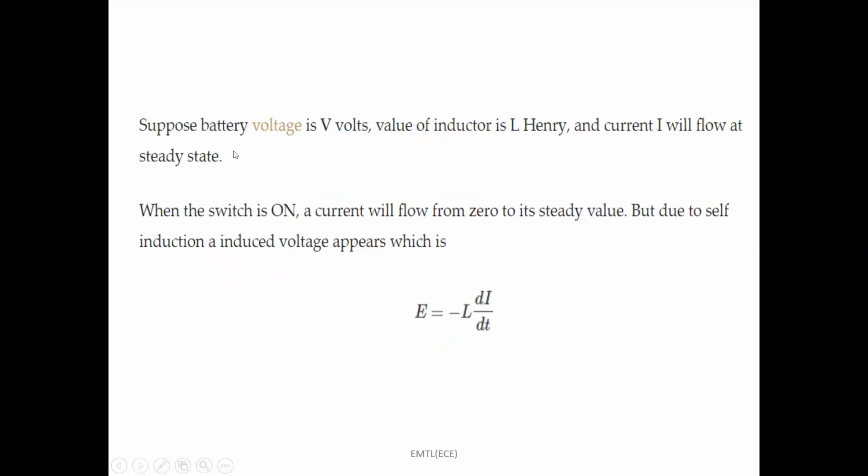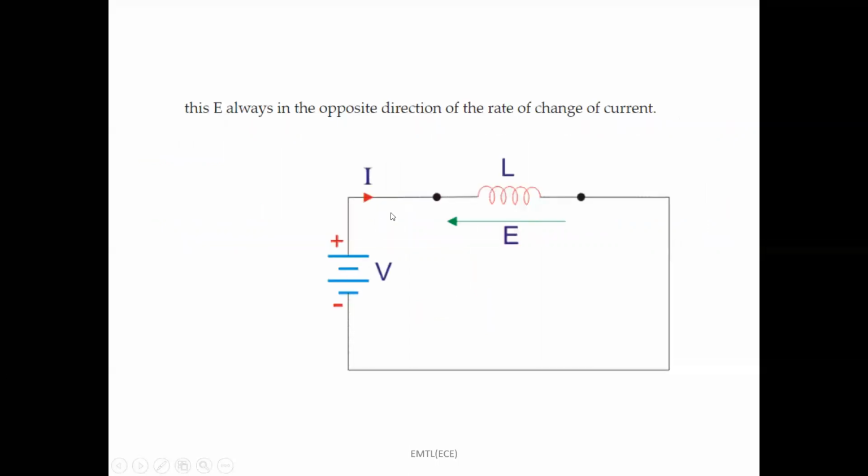Whenever we supply some voltage V, the inductor value L is expressed in Henry, and the current I will flow at a steady state. That means by switching on the circuit, a steady current I passes through this inductor.